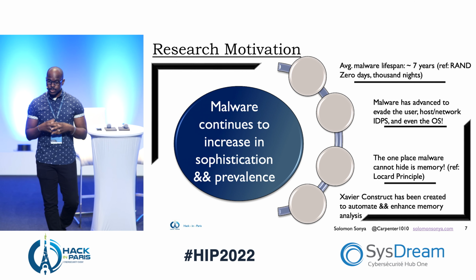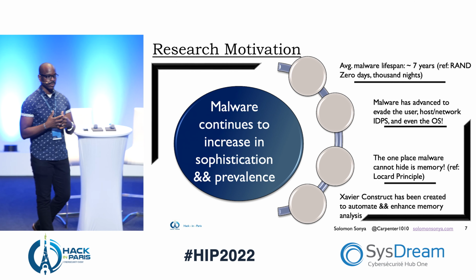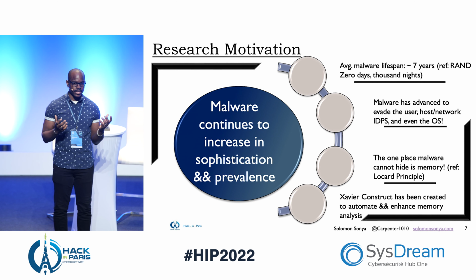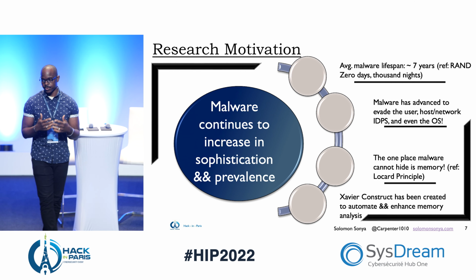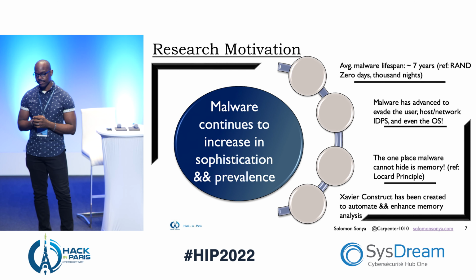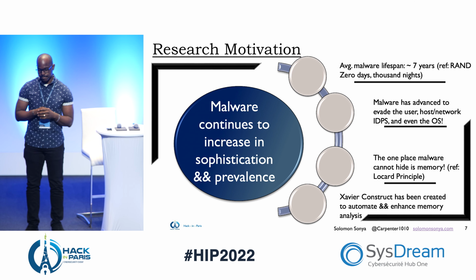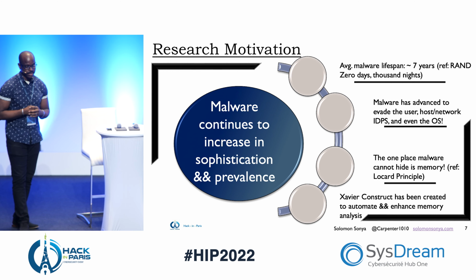7 years. To put things into perspective, if I am writing malware, and I'm able to persist or become active on a machine for about an hour, that's an infinity for me. I can do a lot of things in an hour. Talk less of 7 years that malware is still able to persist and live on victim machines and victim networks before it is finally detected and then mitigated off of the enterprise. Something else, as I say, it continues to advance.